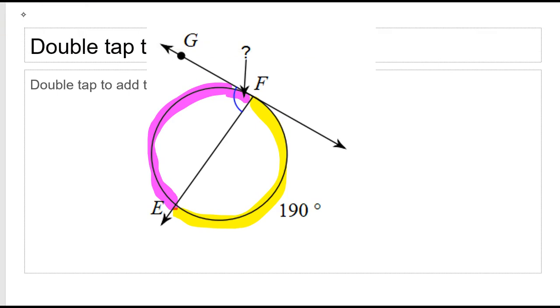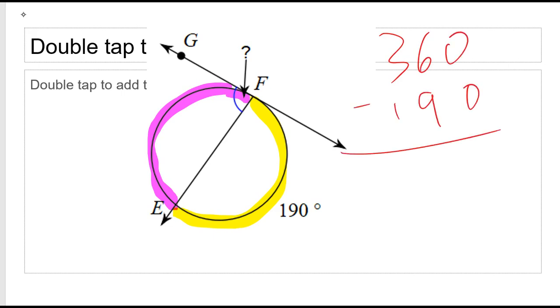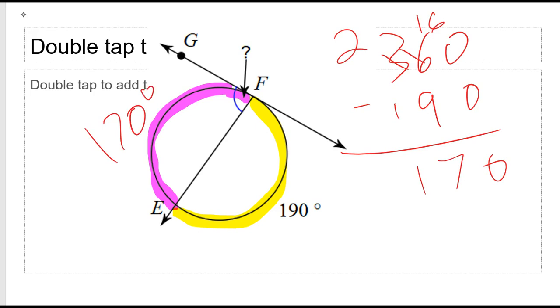The entire circle is 360. So that means the yellow is 190. That means I could find the purple by taking 360 minus 190. 170 degrees. That's the purple.